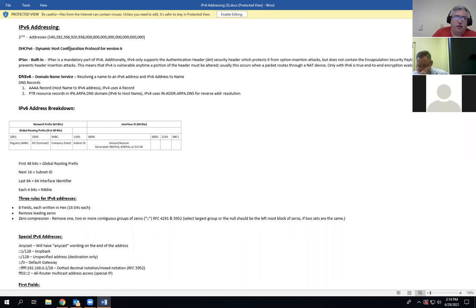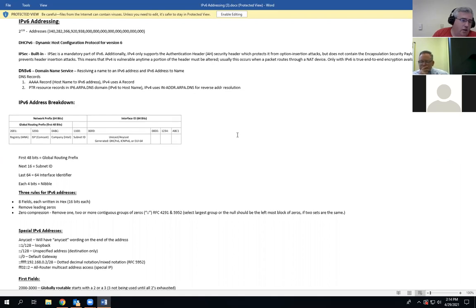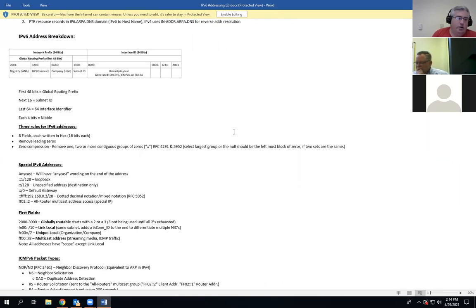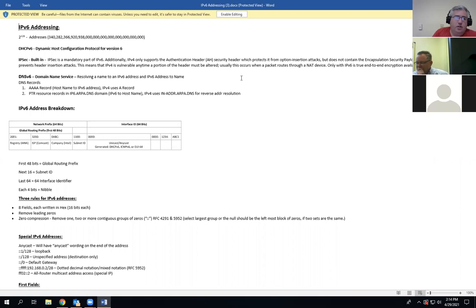So they decided instead of just doing 2 to the 32nd power, now we're going to do 2 to the 128th, which gives us an undecillion amount of addresses, 340 undecillion to be somewhat precise.